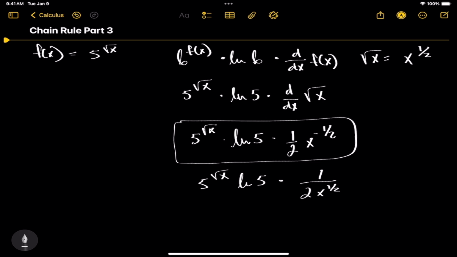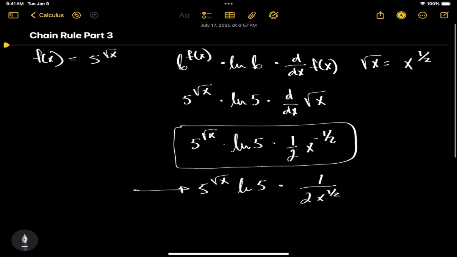I like to just have my answer like this. Again, your professor might want it differently, but this is the way that I like it. After I finish the derivatives, I am done. Sometimes I simplify. For example, this one, I will have to rationalize the bottom, because over here you're going to have a root. So you're going to have to put that root up above and whatnot. But we're going to keep it like this. And that was our final answer.